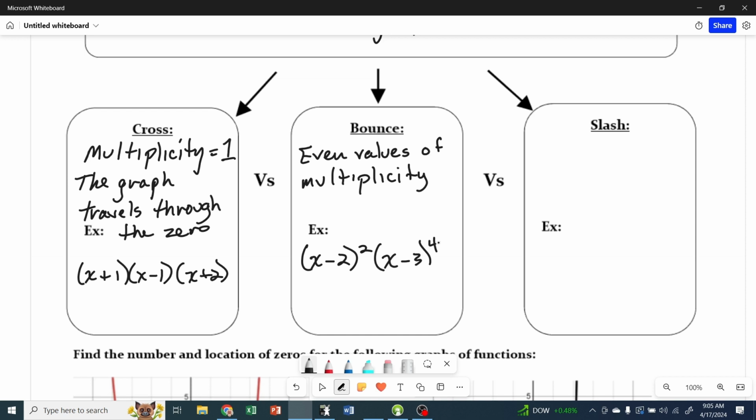Those both have even multiplicity. Okay, it's going to bounce off of the x-axis.